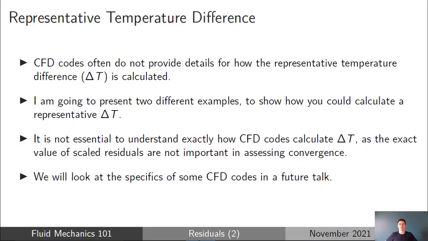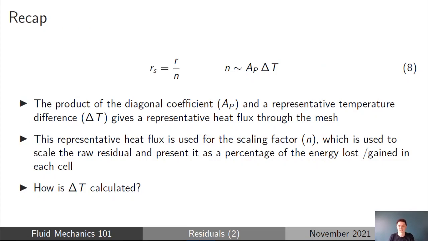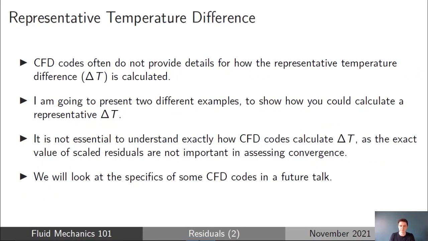Now, I'm glad that I've summarized that for you, because it turns out that in the majority of CFD codes, when you look through the manual or the source code for how this representative temperature difference is calculated, there's often not a lot of information given on how to do this. In ANSYS CFX, for example, you'll just find that equation, equation 8, for the scaled residual, and you won't find any further information.